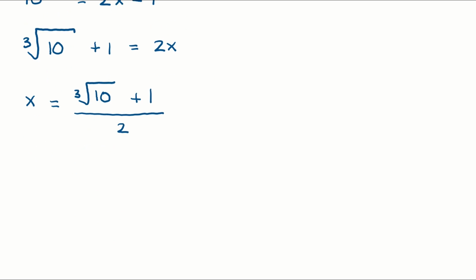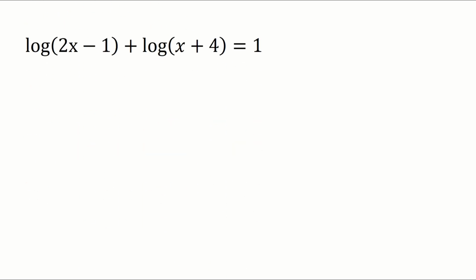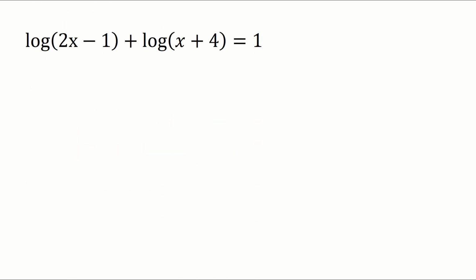Okay, last example then. In this case, we have log of 2x minus 1 plus log of x plus 4 is equal to 1. So the first thing we're going to do in this question is figure out what to do with this 1, because we have 2 logs on the left side, but no log on the right side. Now, if you want to replace the 1, all you have to do is replace it with log of your base.